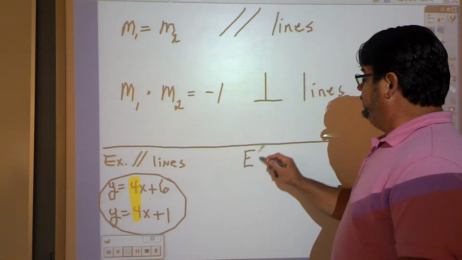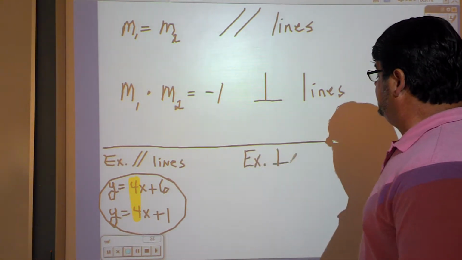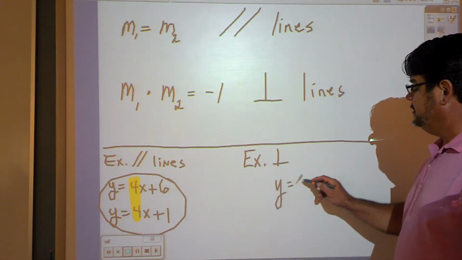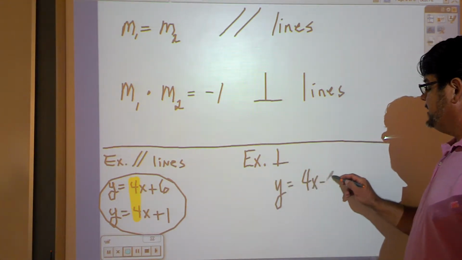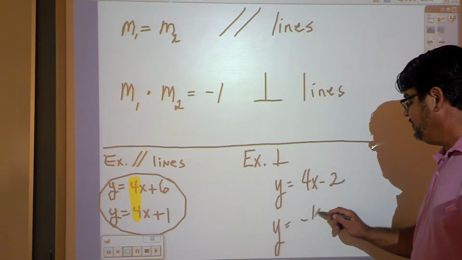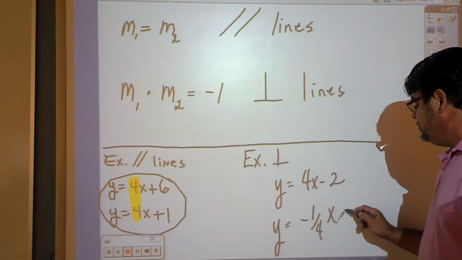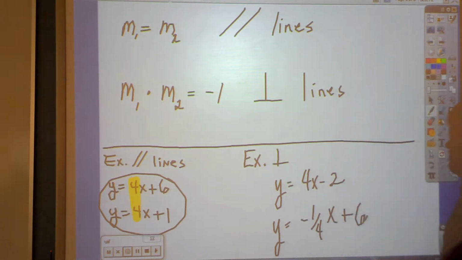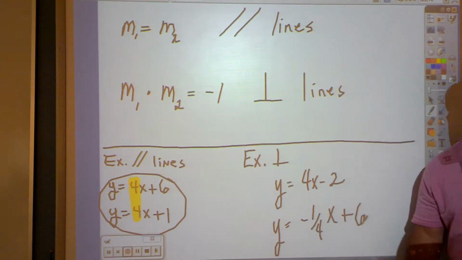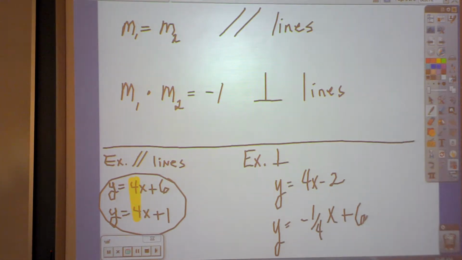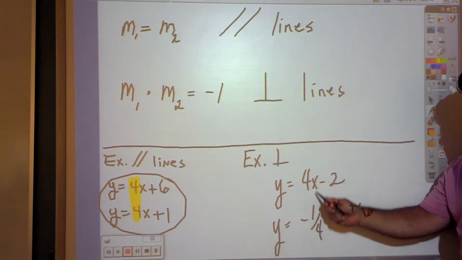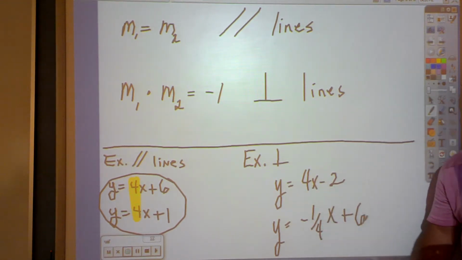The example of perpendicular lines would be y is equal to 4x minus 2, and y is equal to negative 1/4 x plus 6. What is 4 times negative 1/4? Negative 1. See, opposite sign, and the reciprocal of 4 is 1/4.